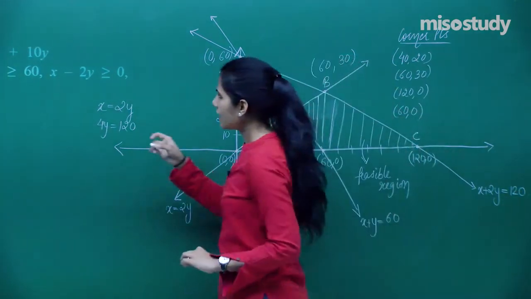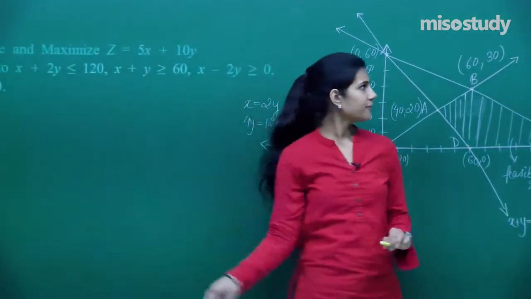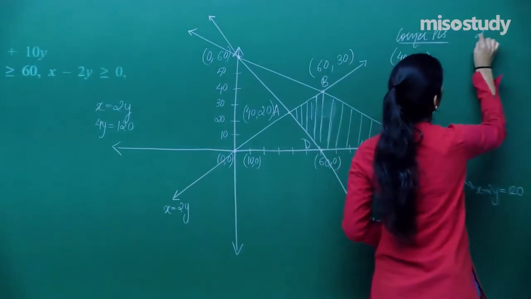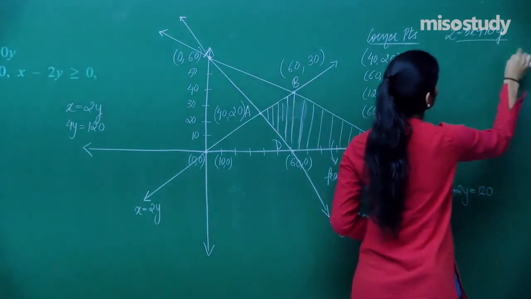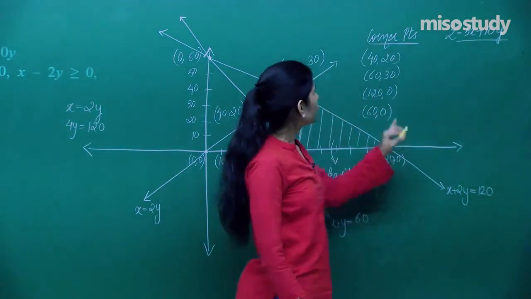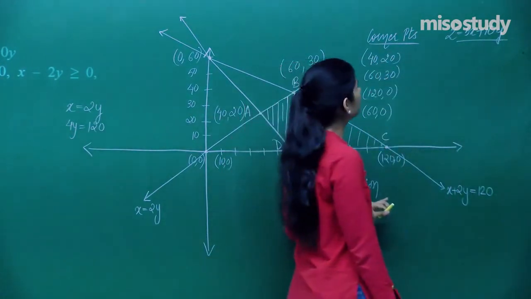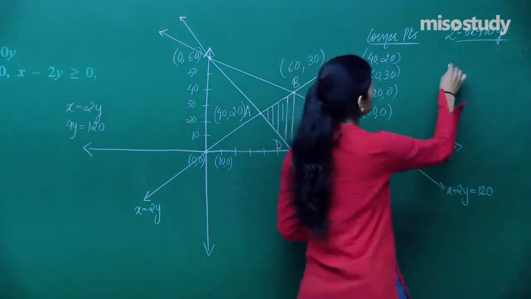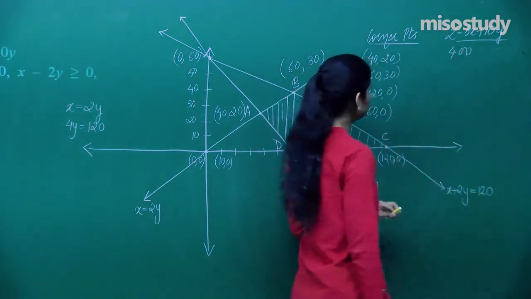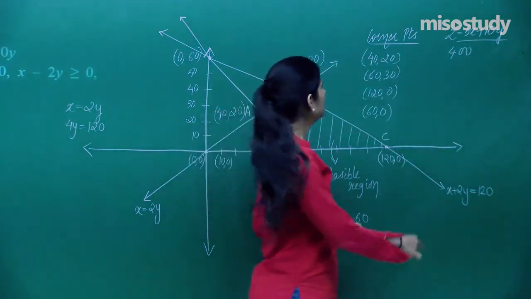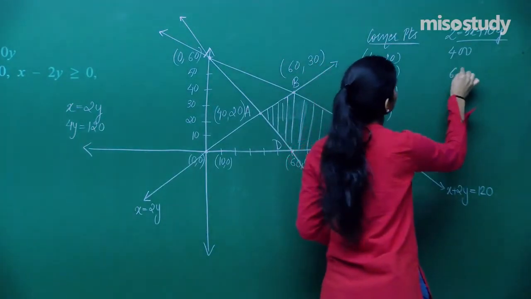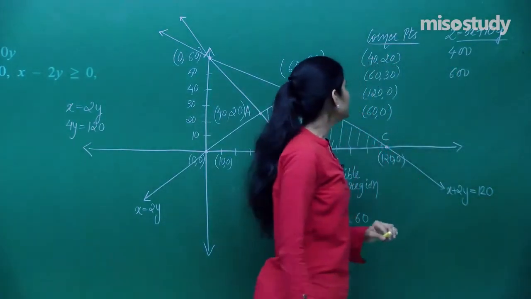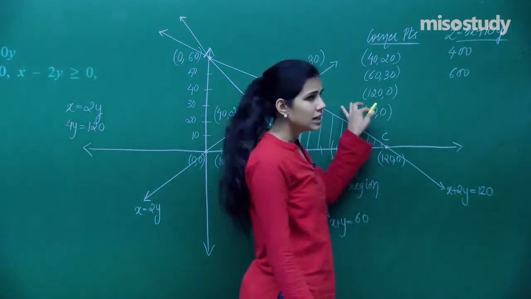Z is 5x plus 10y. This gives you what? 5 into 40 is 200, 200 plus 200 gives you 400. 6 5s are 30, 300 plus 300 gives you 600. 120 into 5, again 600.